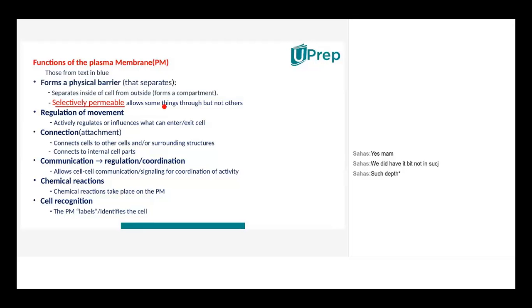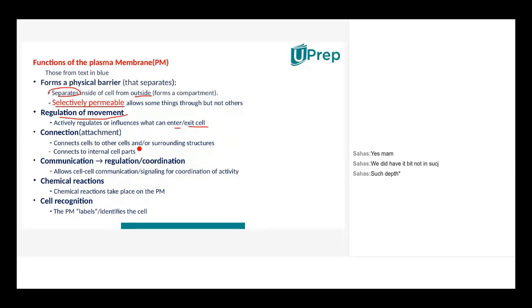So selective permeability is nothing but choosing the molecules which will enter into the cell and which will go out of the cell. Okay, so the plasma membrane separates the cell from the outside environment, the extracellular environment. Then it regulates the movement. So which will enter the cell, which will exit the cell, all those will be regulated by the plasma membrane.